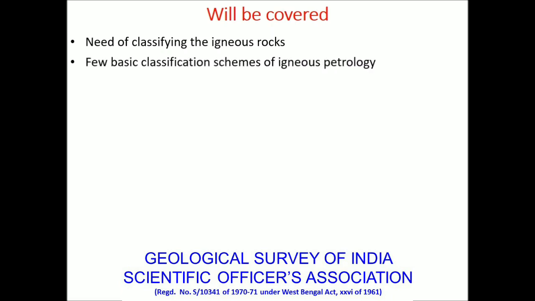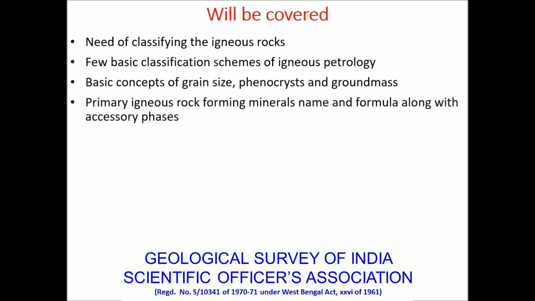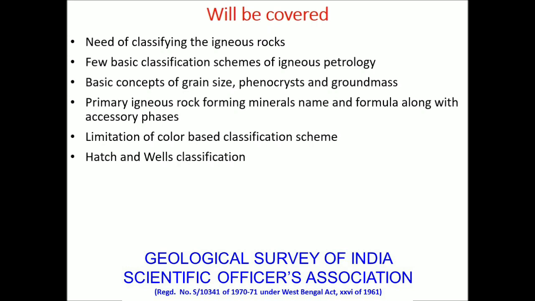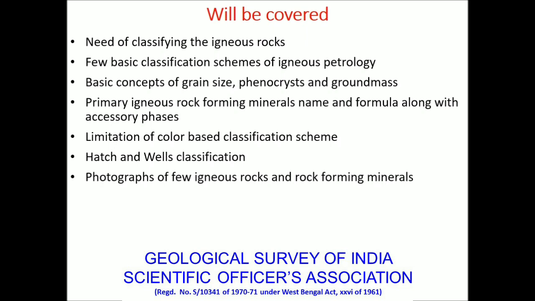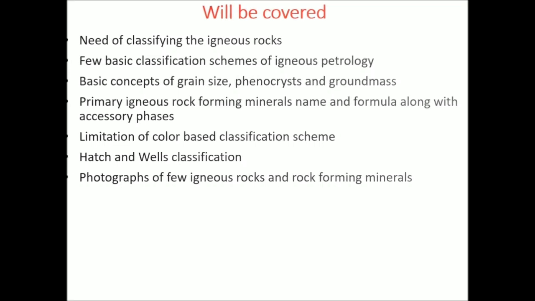Next, a few basic classification schemes of igneous petrology, then the basic concept of grain size, phenocryst and groundmass, then primary igneous rock forming minerals, name and formula, along with the same of the accessory phases, and then the limitation of color based classification scheme, and then Hatch and Wells classification, which is one of the old classifications, and last but not the least, the photographs of a few igneous rocks we will be discussing along with the rock forming minerals and a few important textures.